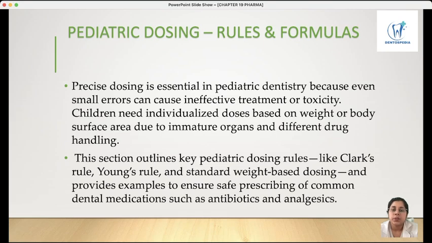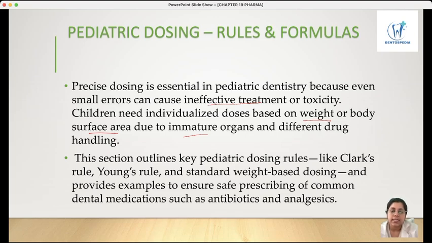Now, pediatric dosing rules and formulas. Precise dosing is essential in pediatric dentistry because even a small error can cause ineffective treatment or toxicity. Children need individualized doses based on the weight or the body surface area, second criteria, due to immature organs and different drug handling.